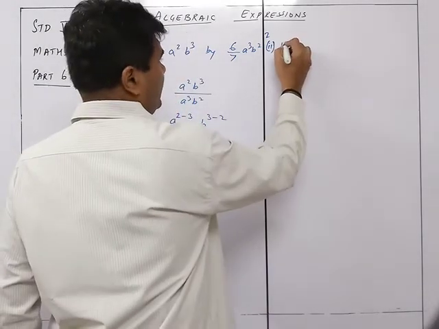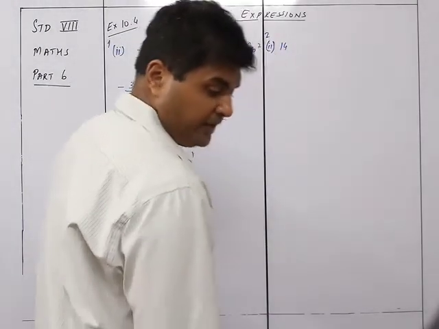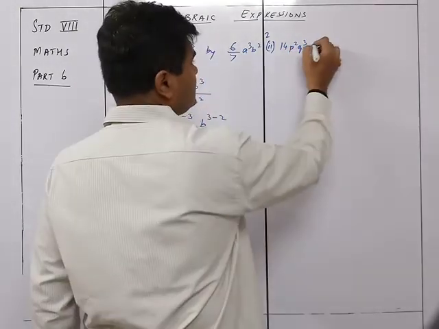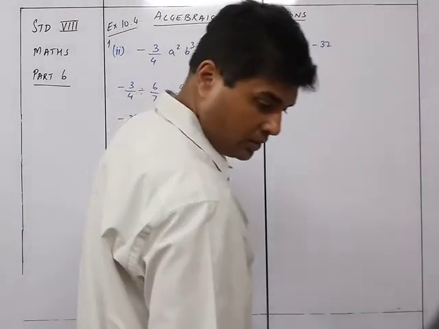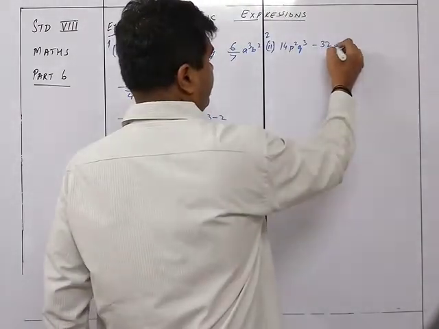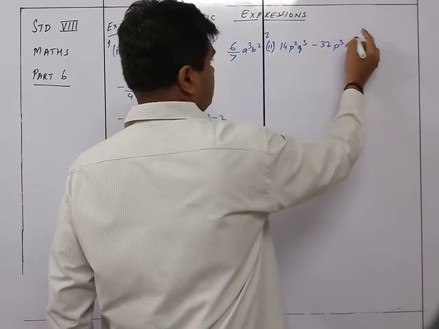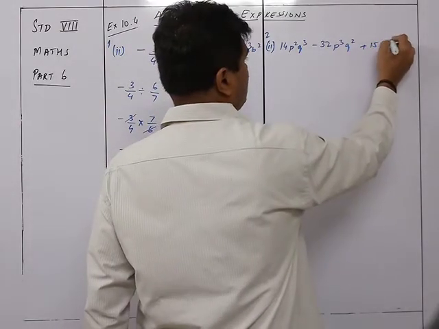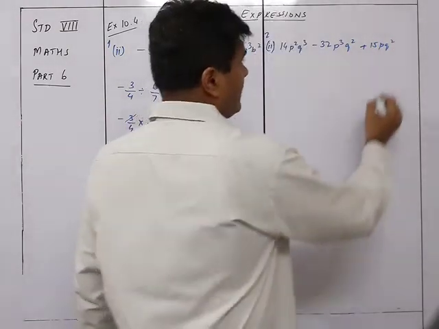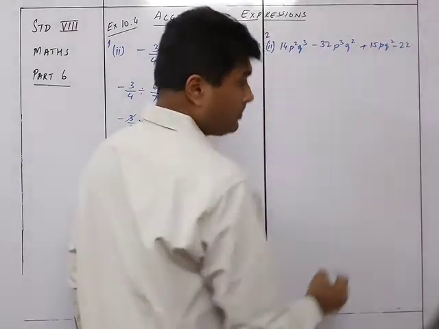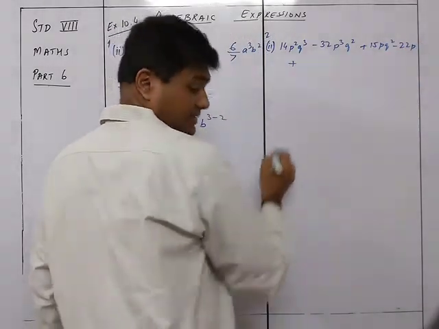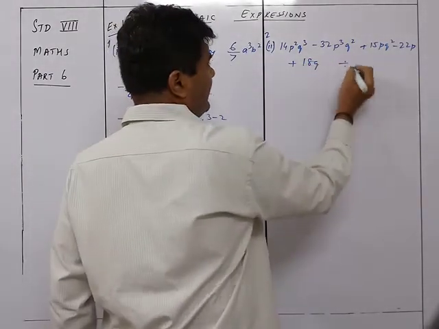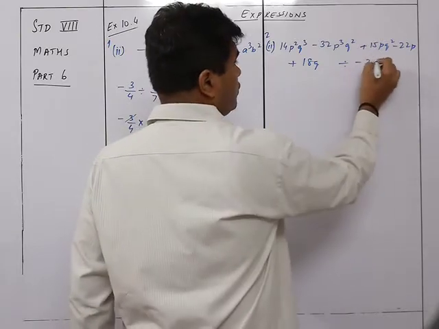That is 14p square q cube minus 32p cube q square plus 15pq square minus 22p plus 18q divided by minus 2p square q.